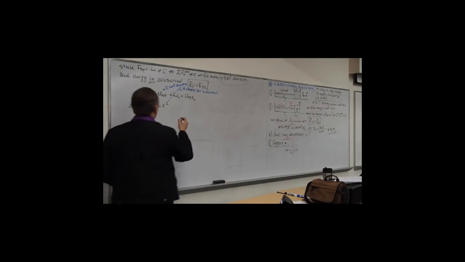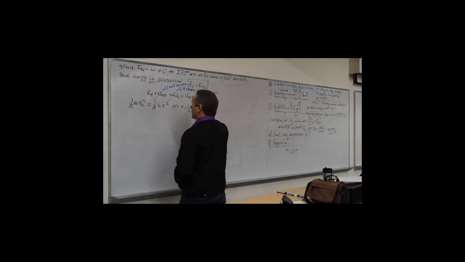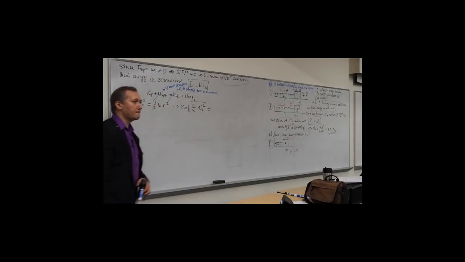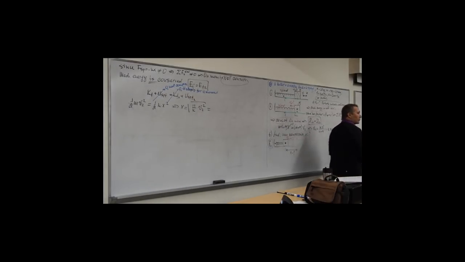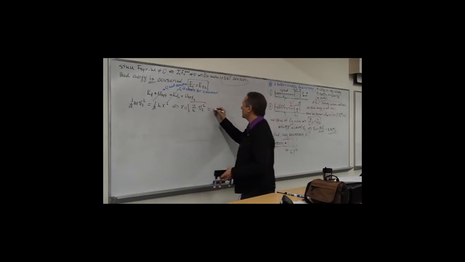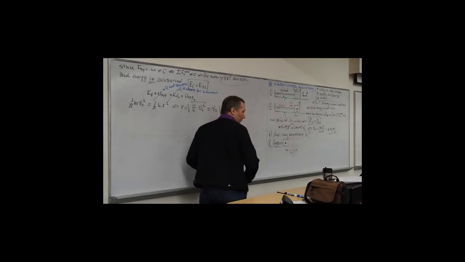It's quite simple. So now x will be equal to the square root of m over k times v sub 2 squared. Of course, we can take the velocity out of this square root sign, and we've got v sub 2 times the square root of m over k.